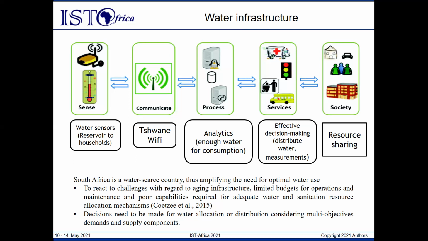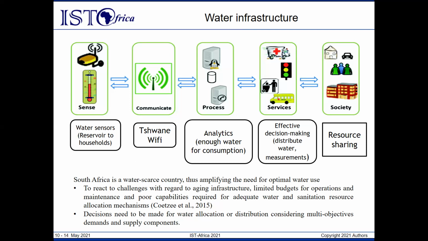Now, we cannot make rainfall with IoT, but what we can do is make sure that we have good resource allocation methods in place to make sure that the water that we have, we share it equally. By equally, we do not say everybody must get 10 liters, but by looking at the amount of demand per household, we can meet them 50%.